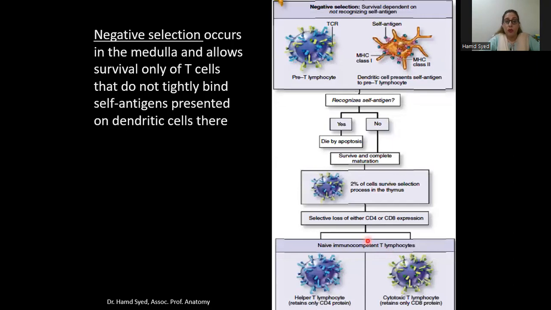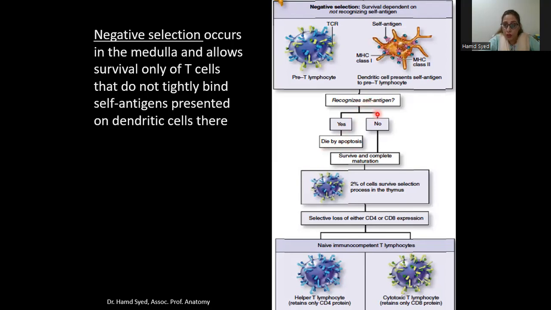So here in this flow chart, we can see that we have the pre-T lymphocyte in the medulla, and here is the antigen presenting cell which is presenting the self-antigens. Now, if this pre-T lymphocyte recognizes, by recognizing we mean it attaches to, it reacts with the self-antigen, in that case, it is going to be gotten rid of by apoptosis.